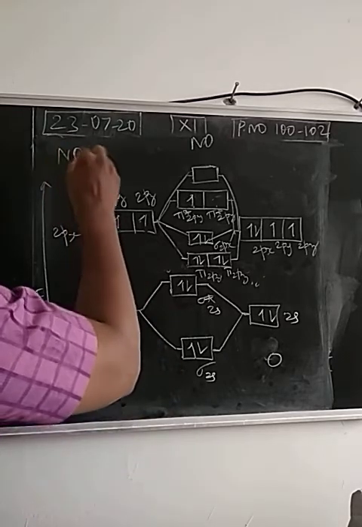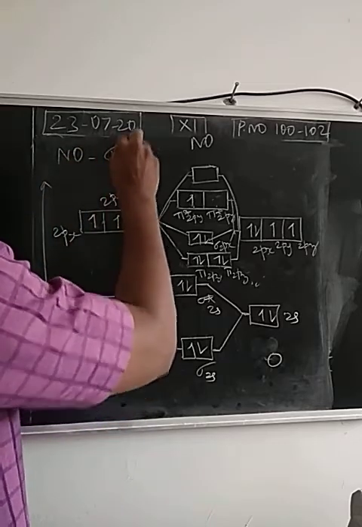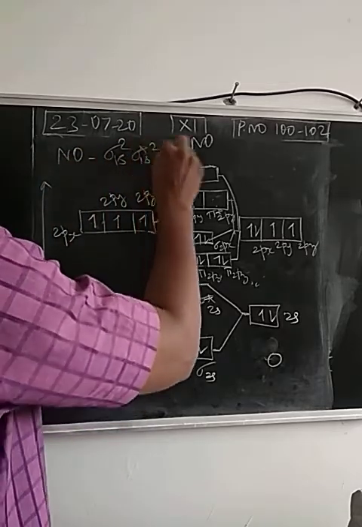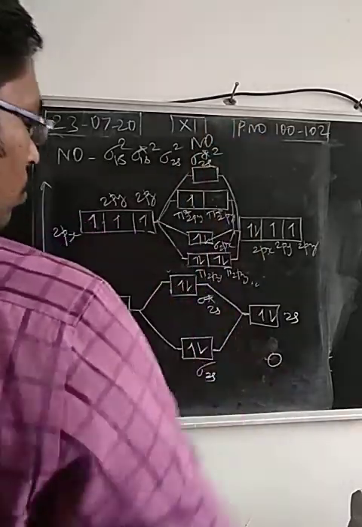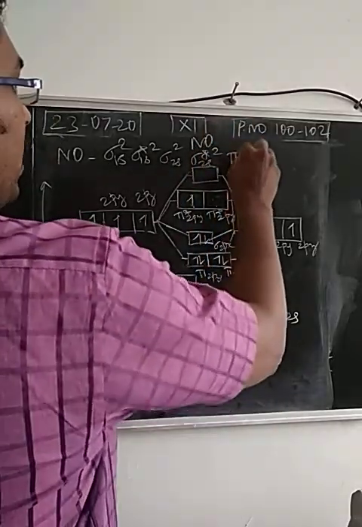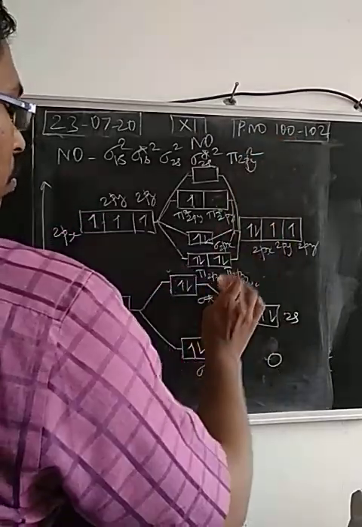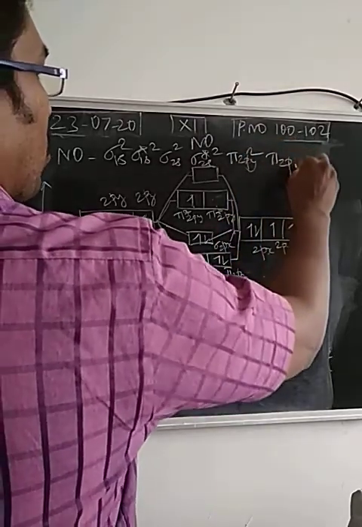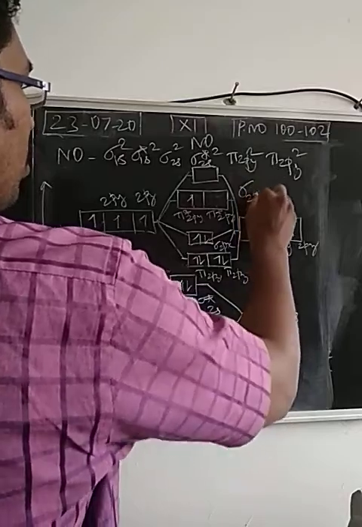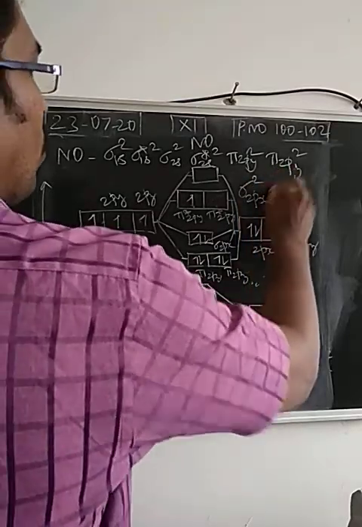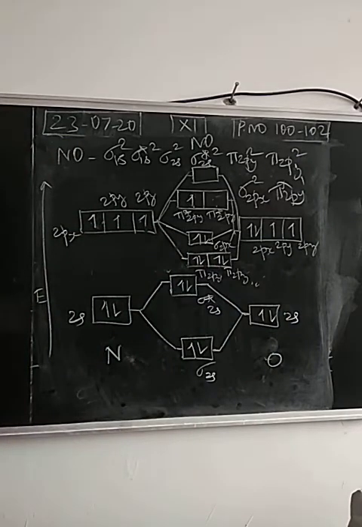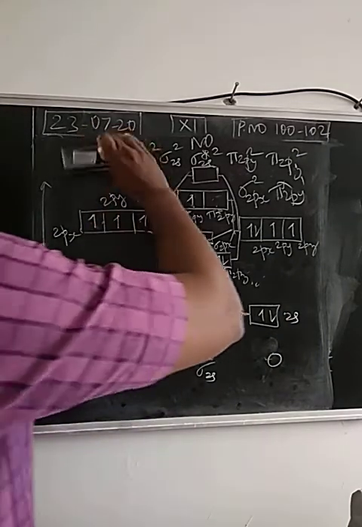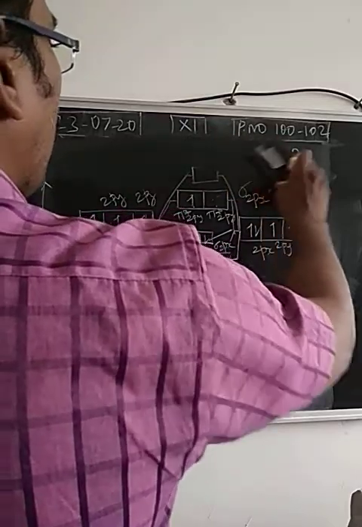Now the electronic configuration: sigma 1s2, sigma star 1s2, sigma 2s2, sigma star 2s2, pi 2py2, pi 2pz2, sigma 2px2, pi star 2py1. So this is the electronic configuration for the molecule nitric oxide. Next we have to calculate the bond order.